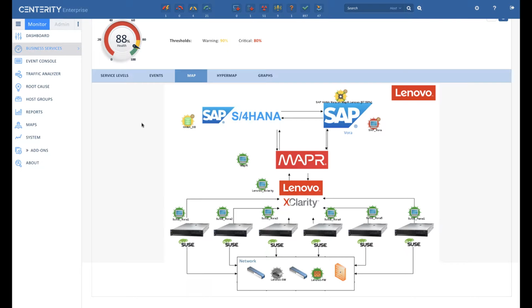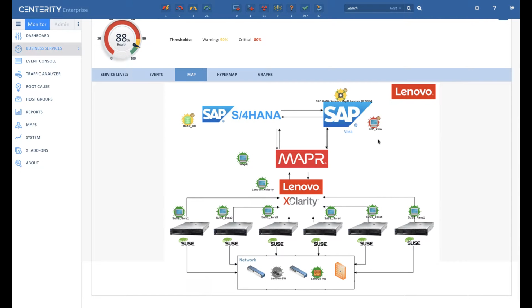so we can see that we have different operating systems for SUSE, we have Lenovo X Clarity, we have MapR, and this is also a live map, so once clicked on a host, we will be navigated to its own information.